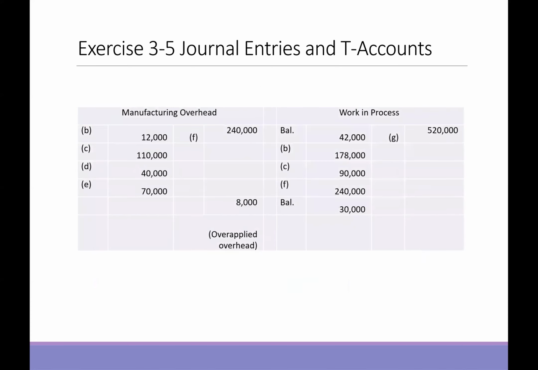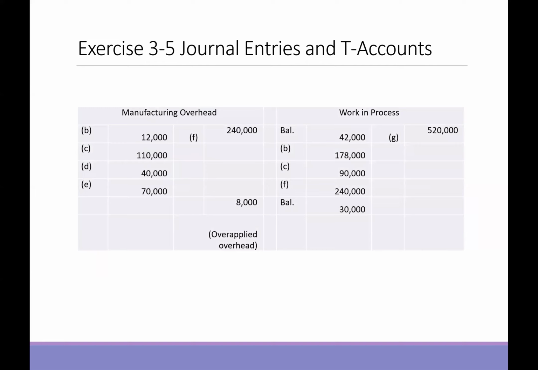Now, here you see the T accounts for manufacturing overhead and for work in process. You see the manufacturing overhead. We've got actual costs going into manufacturing overhead, the 12, the 110, the 40, and the 70, totaling 232,000.